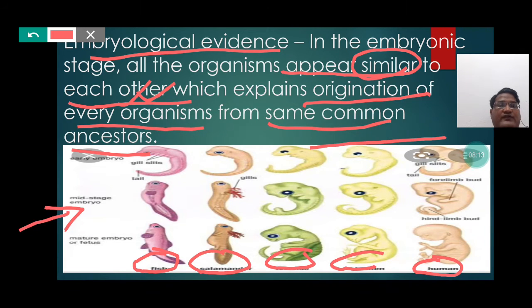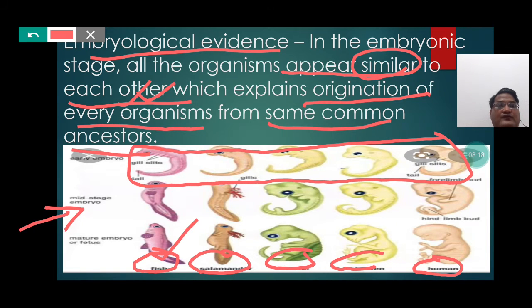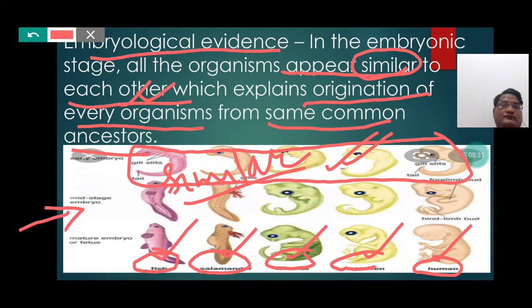If you concentrate, then the first embryological stage of fish, salamander, tortoise, chicken and human more or less appears similar. And it is quite later in life that they start appearing quite different from each other, although in the embryological stage, in the earlier stage, they more or less appear similar.